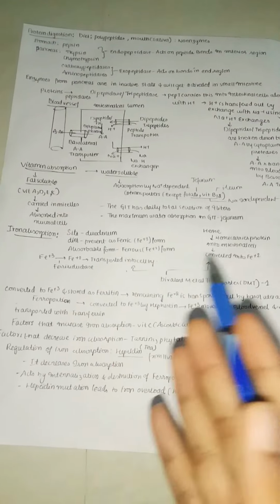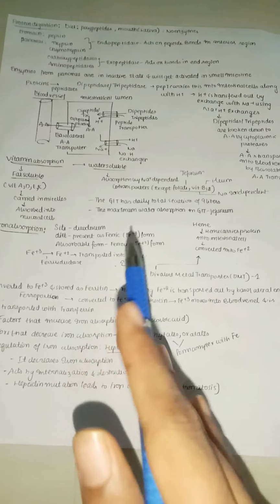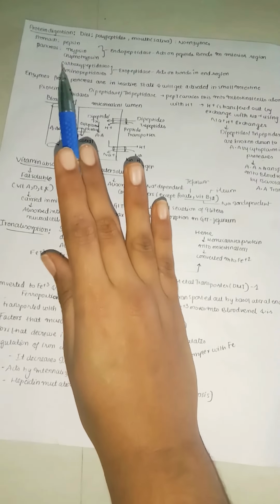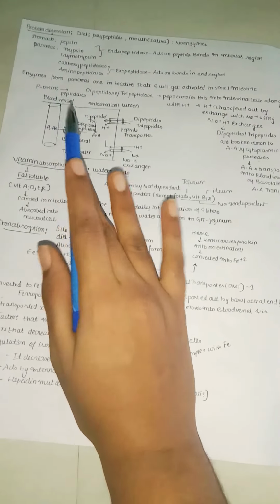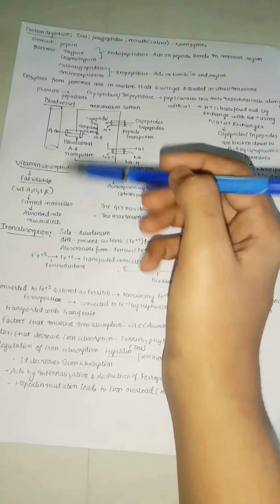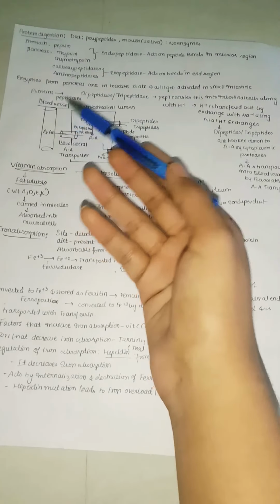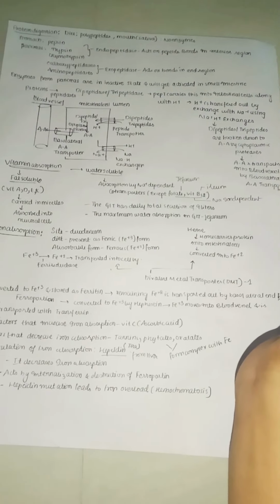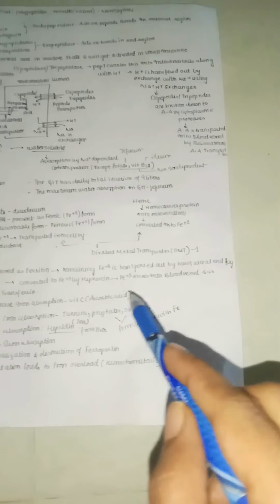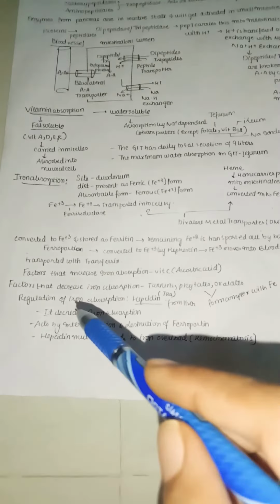So this is how Fe+2 is converted into Fe+3, called ferritin, and stored. Now the remaining Fe+2 is transported by means of ferroportin, converted into Fe+3 by hephaestin, and that Fe+3 moves into the blood vessel and is transported with transferrin. So finally Fe+3 is the transportable form in the blood vessel.